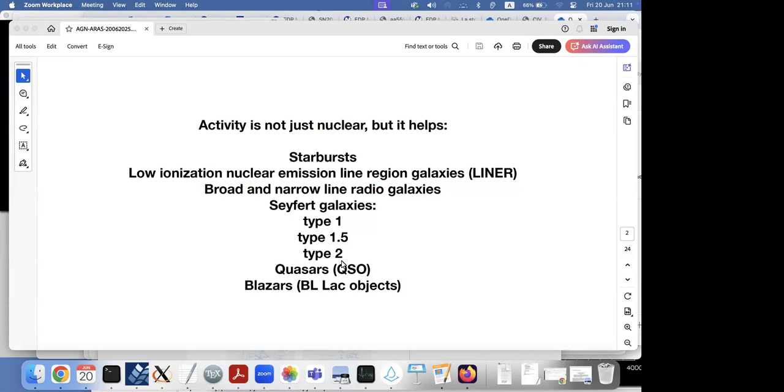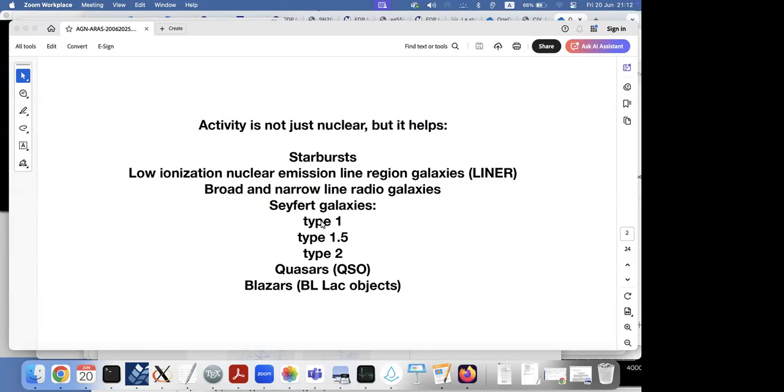It wasn't clear what. Then it became much clearer, first in the 1960s and then later in the 70s and 80s, that there actually was something unified. And the thing that brought it together was actually spectroscopy. So we'll come back to this slide.